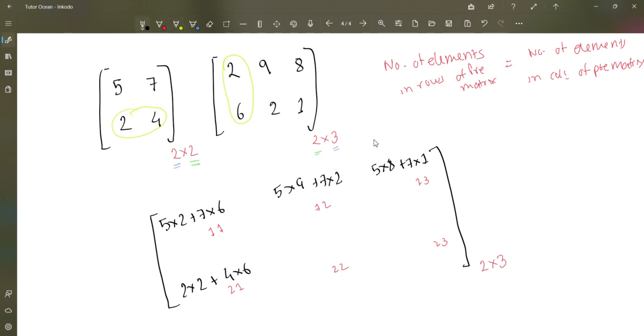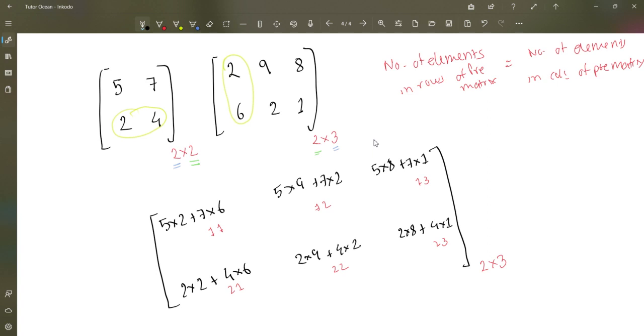Okay, let's carry on. 2 2, second row, second column: 2 into 9, and then second element into second element, 4 into 2. Same, 2 into 8 plus 4 into 1.